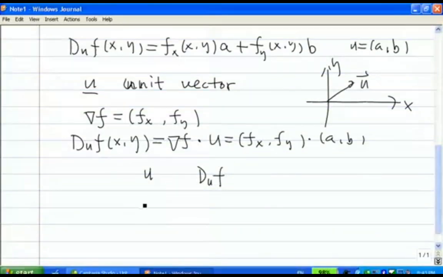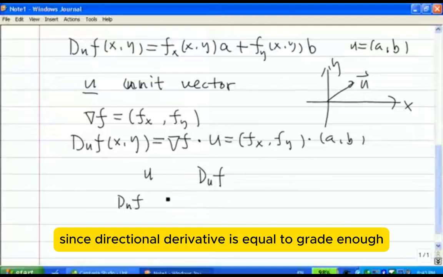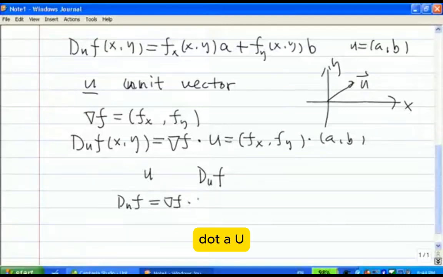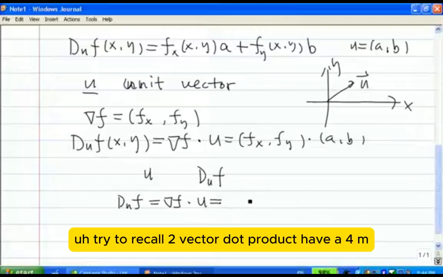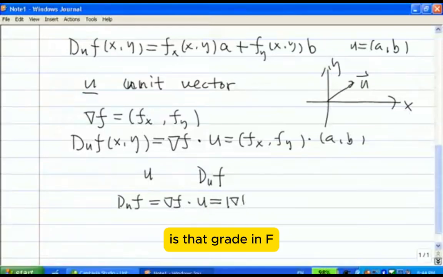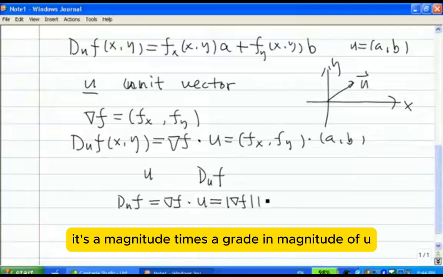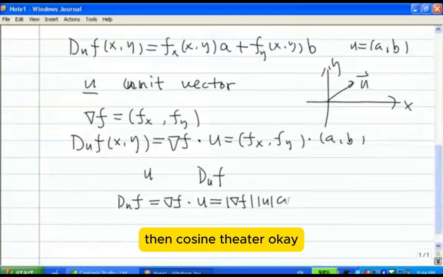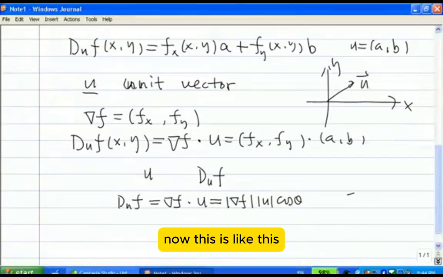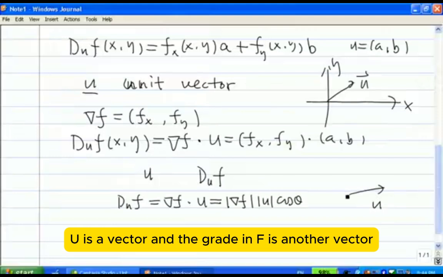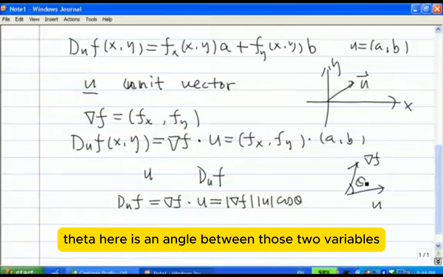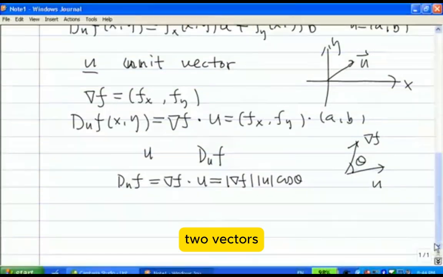Since the directional derivative is equal to gradient f dot u, try to recall that two vectors' dot product has a formula: the magnitude of gradient f times the magnitude of u, times cosine theta. u is a vector and gradient f is another vector, and theta here is the angle between those two vectors.